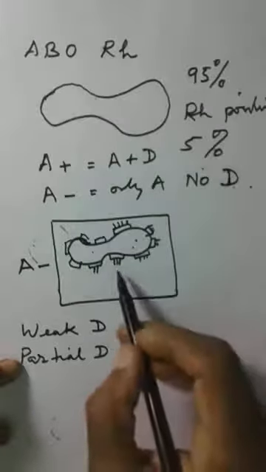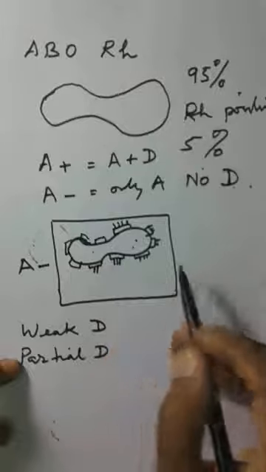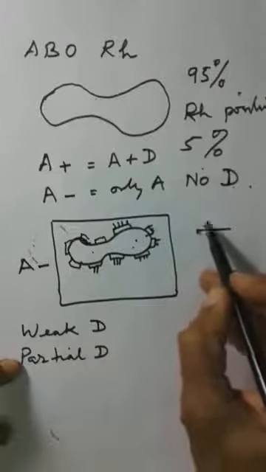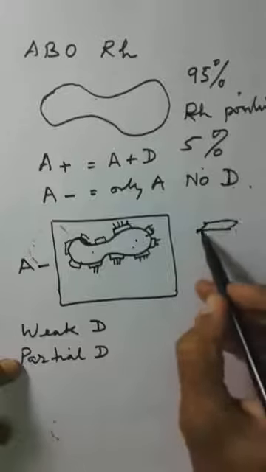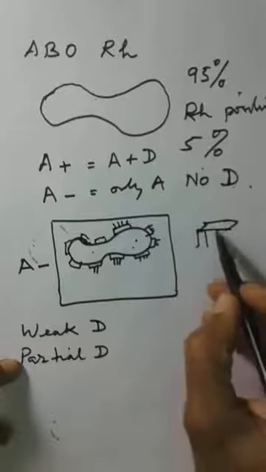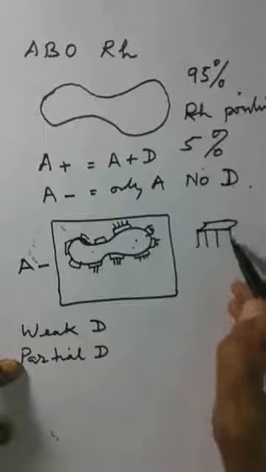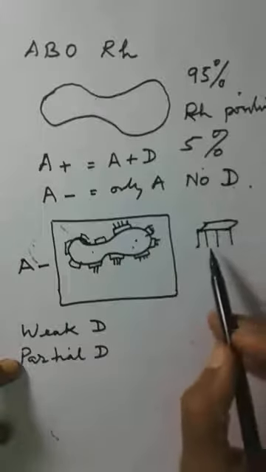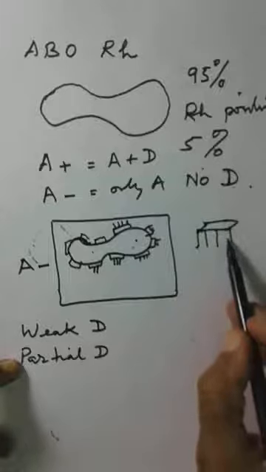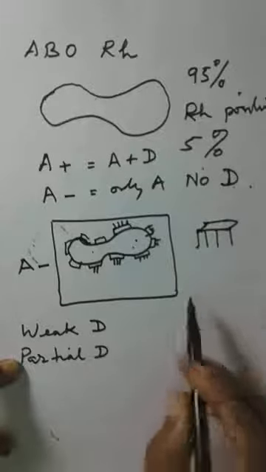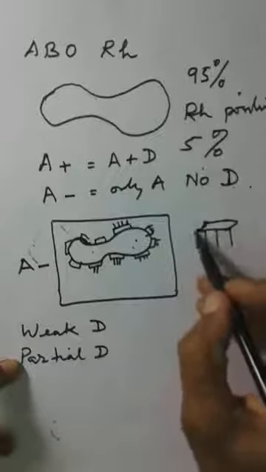This is like having a stool with 4 legs. Suppose one leg is missing or 2 legs are missing, then this will not be stable.